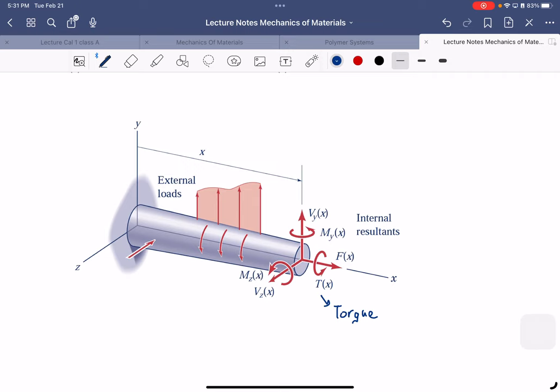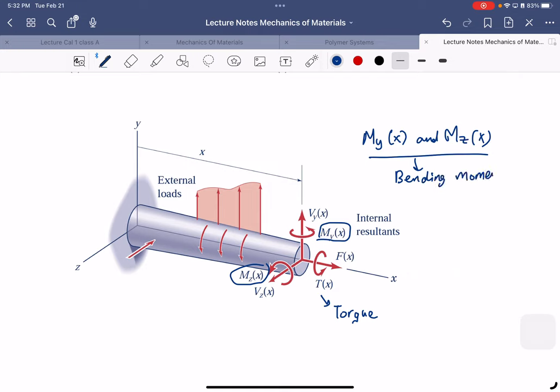The My and Mz, let me write here, My and Mz, are called bending moments. Torque, we can also write as a twisting moment.